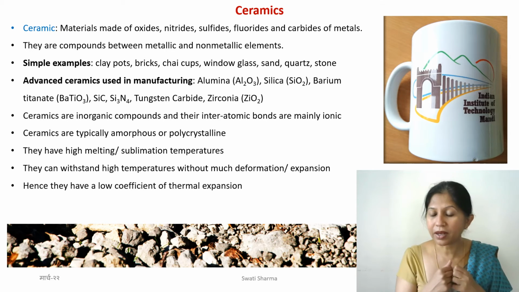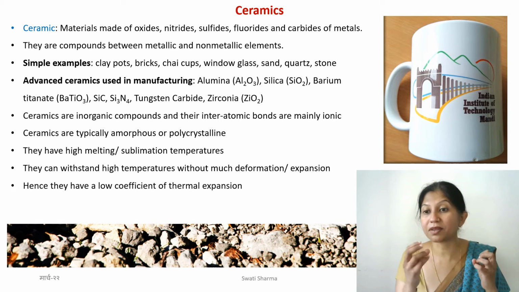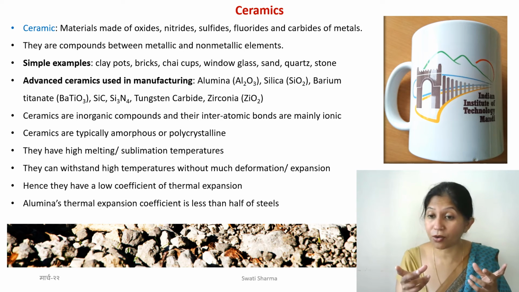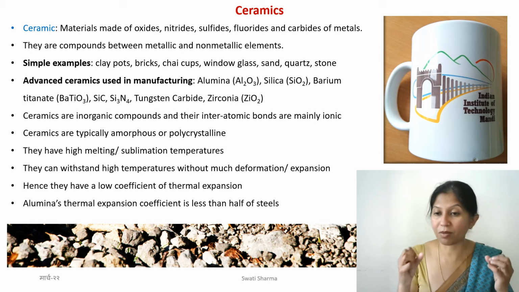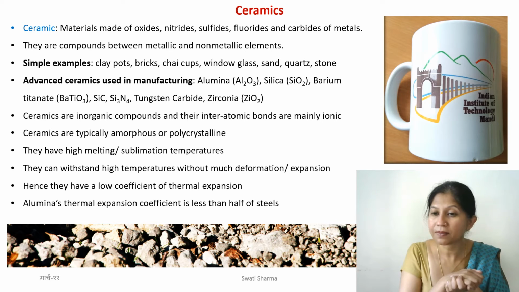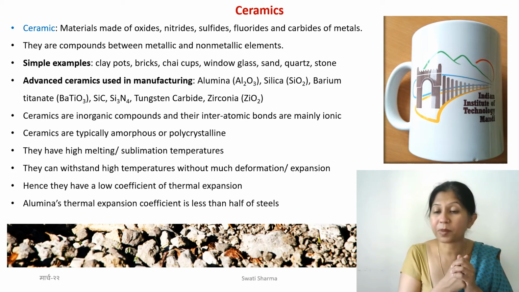If you compare a ceramic material with metals, in that case ceramic will have a low thermal expansion coefficient. That means it expands very little, or negligibly, compared to metal. For example, alumina's thermal expansion coefficient is almost twice as low as that of steel.